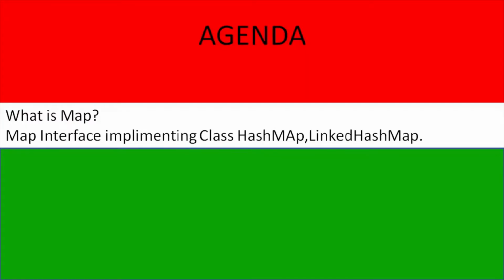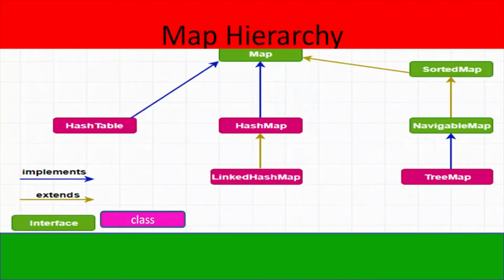So let's start. The agenda for this video tutorial is: what is Map, the Map interface, implementing classes HashMap, LinkedHashMap, and of course we will study TreeMap. So let's have a look at the Map hierarchy. This arrangement shows the interfaces and classes which are implemented and which are extended. This is the Map interface.